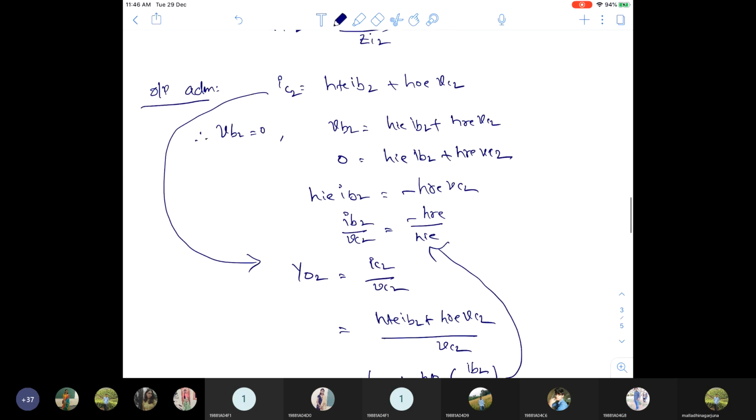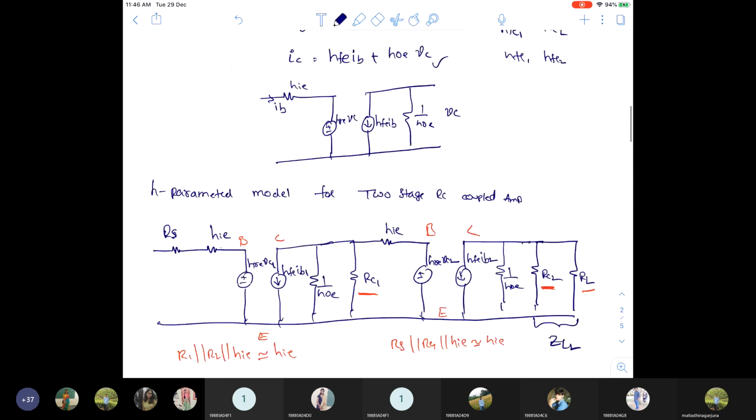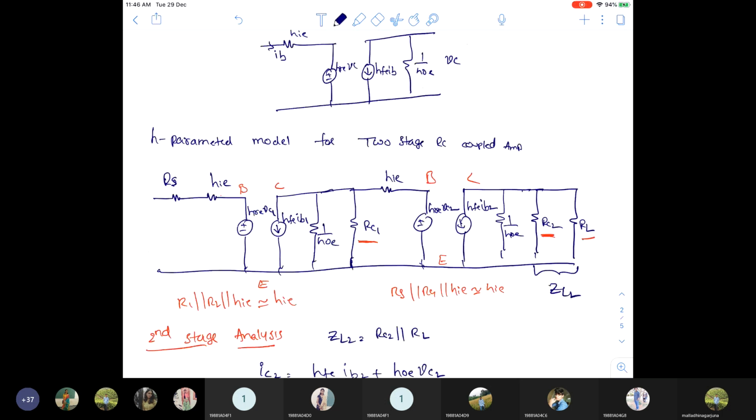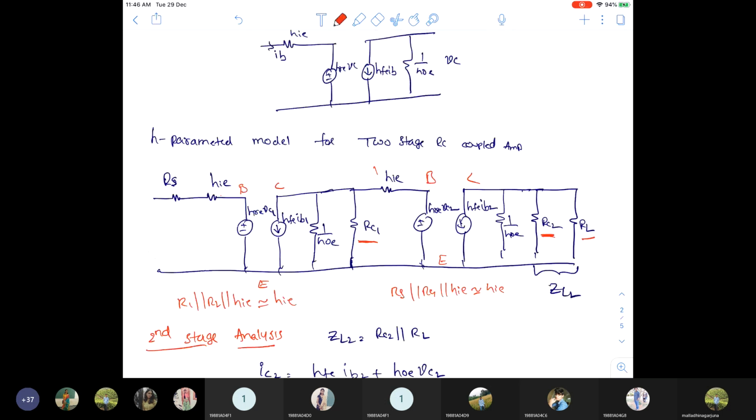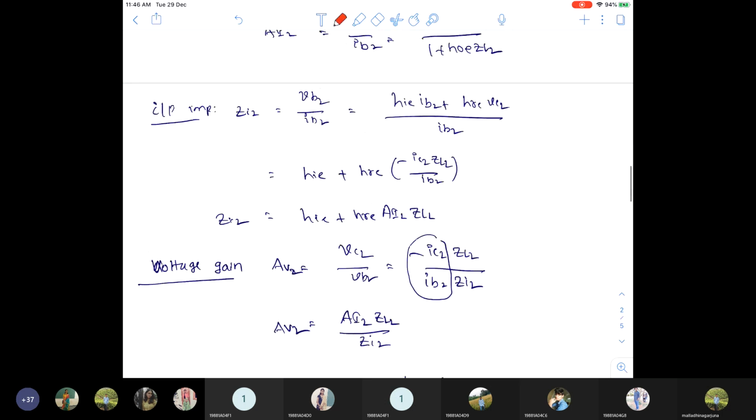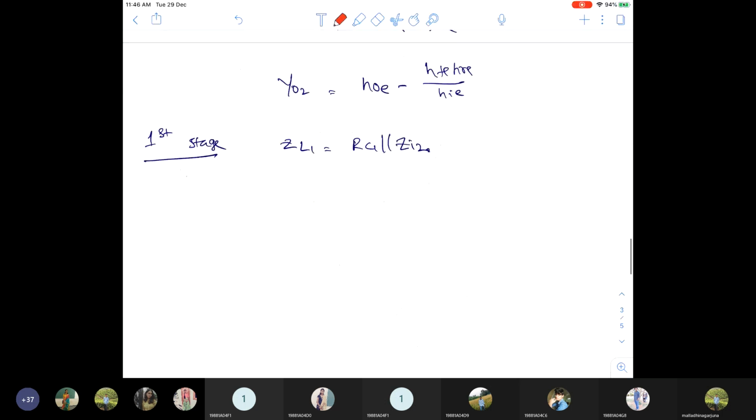Why? Because if you see the circuit, this is RC1, which is parallel to the input impedance already calculated up to this point, that is Zi2. So the parallel combination RC1 parallel to Zi2 will become your ZL1.